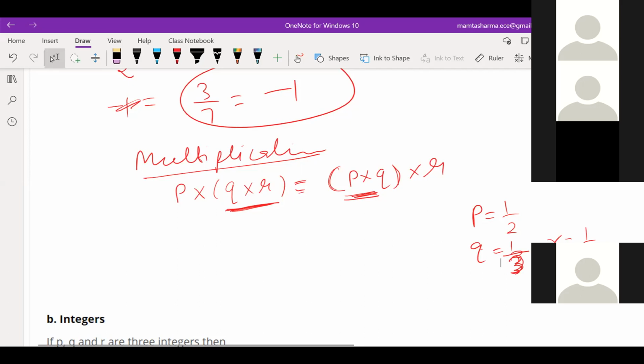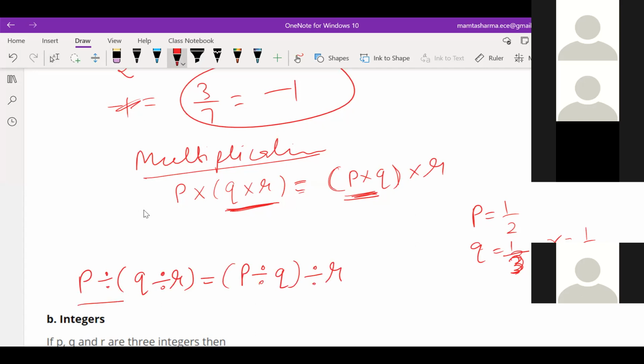I took 1 divided by 2 in brackets and divided by 3, and got the answer 1/6. In the other one, I did 1 divided by the bracket of 2 divided by 3, and got the answer 3/2.